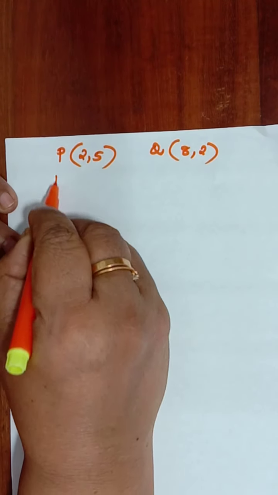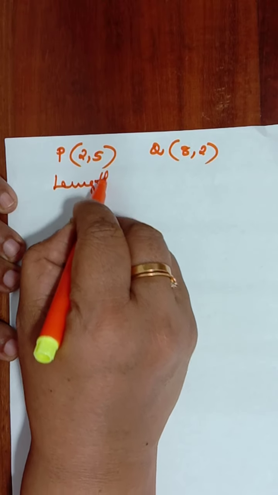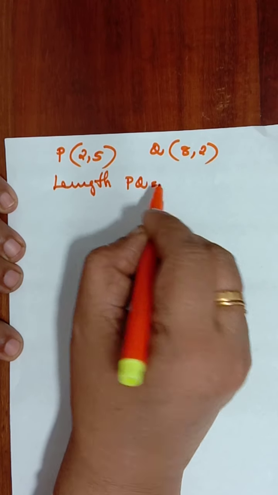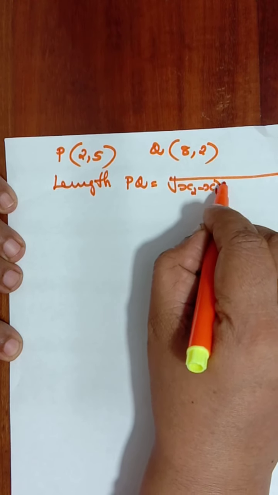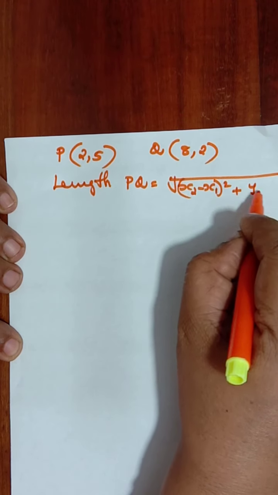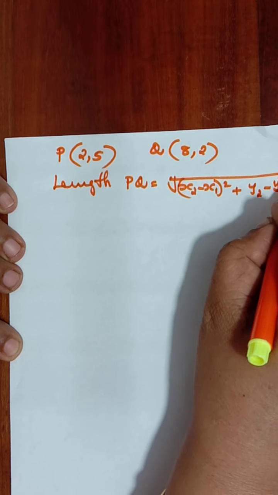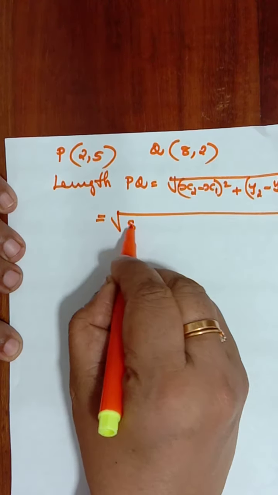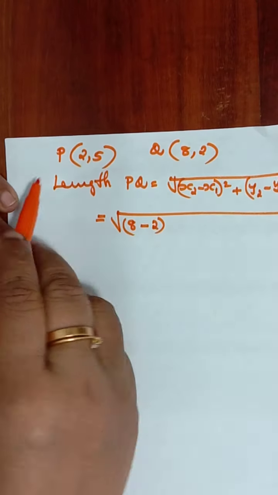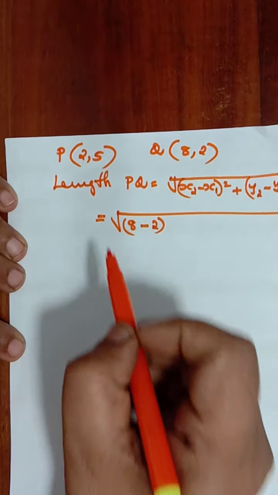So length PQ is equal to square root of x2 minus x1 whole square plus y2 minus y1 whole square. This is x1 y1, x2 y2.